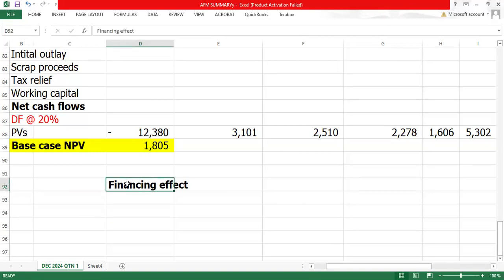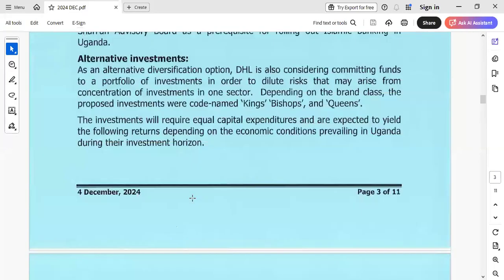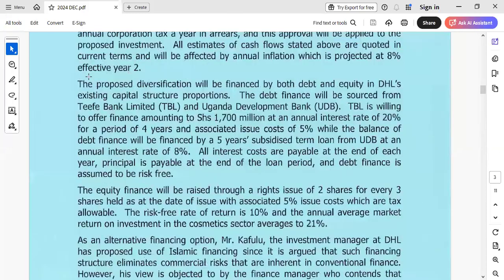How is the proposed investment going to be financed? And when you look at the question in our case study, they told us about the proposed diversification, debt and equity, very, very key.